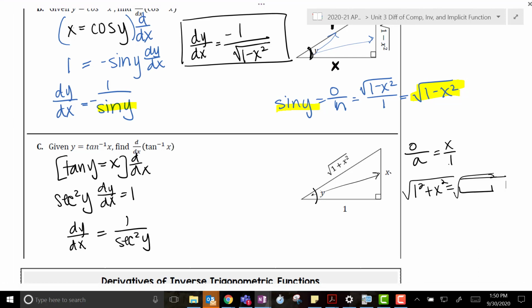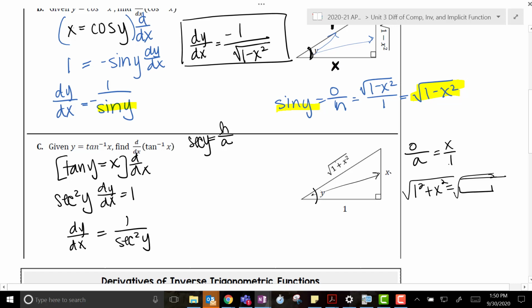We have secant squared of y. You know that secant and cosine are reciprocals, so secant is going to be, instead of adjacent over hypotenuse, hypotenuse over adjacent.